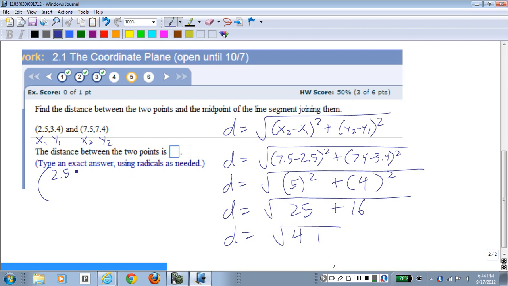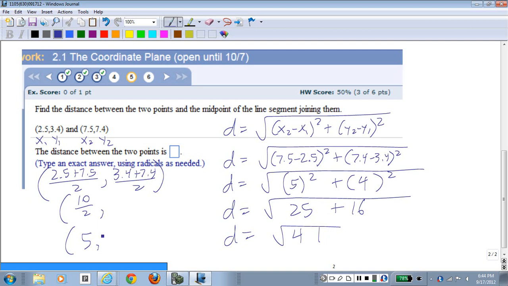Add the x's together and divide by 2. Add the y's together and divide by 2. So 10 divided by 2. For the x, I believe the number 5 is halfway between 2.5 and 7.5, so that would make sense.